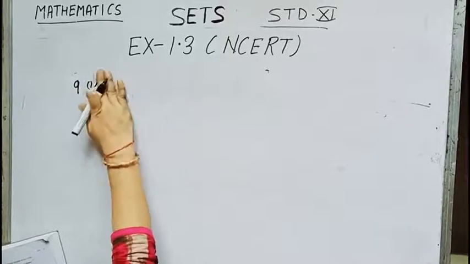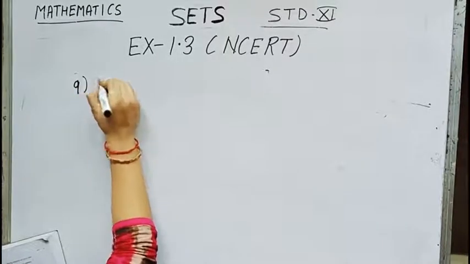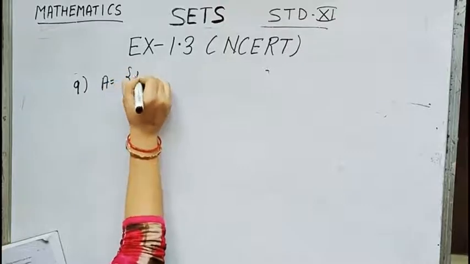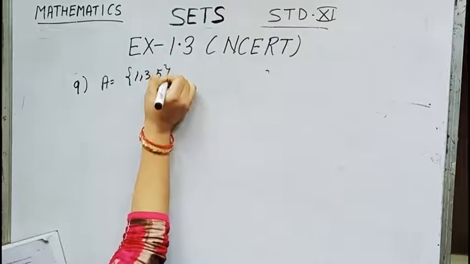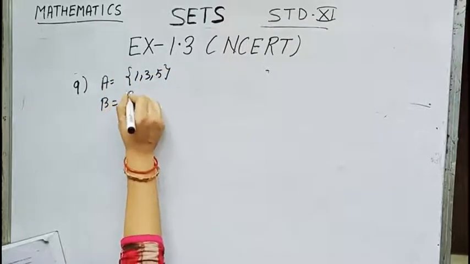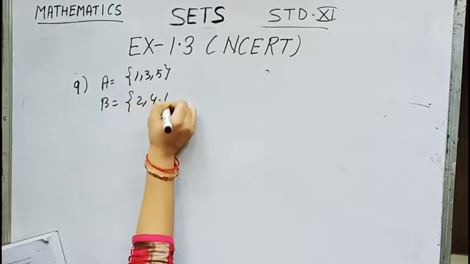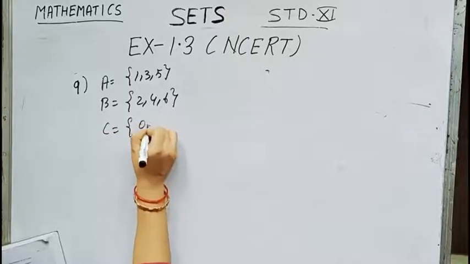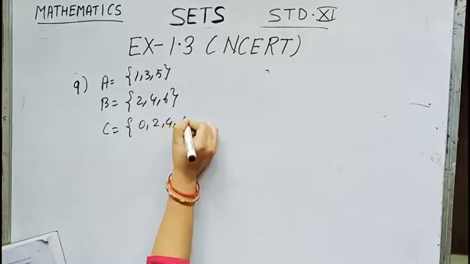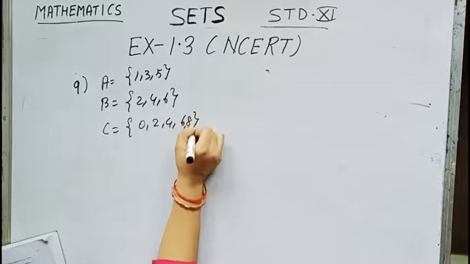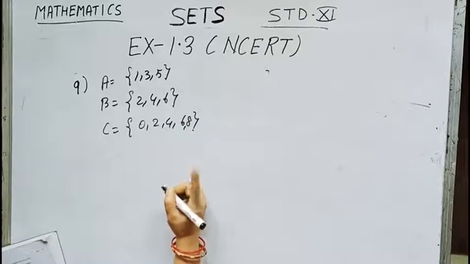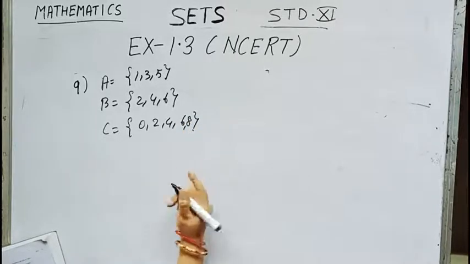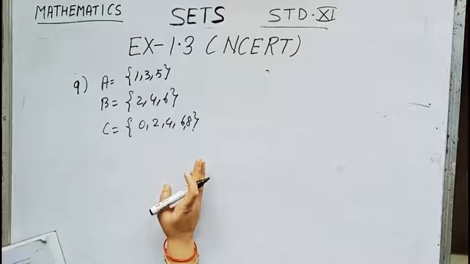It is saying that if A is equal to the set containing 1, 3, 5, B is equal to the set containing 2, 4, 6, and C is equal to the set containing 0, 2, 4, 6, 8. Which of the following may be considered as the universal set for all the three sets A, B, C?